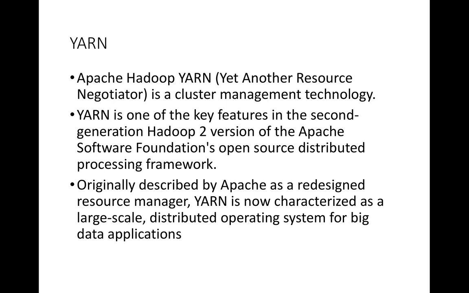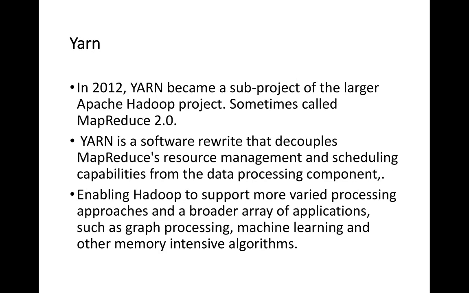Originally, it could be said to be a redesigned resource manager, but now it's characterized as a large-scale distributed operating system for big data applications. In 2012, YARN became a sub-project of the larger Apache Hadoop project.